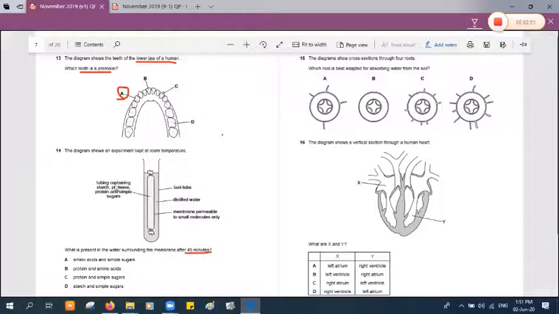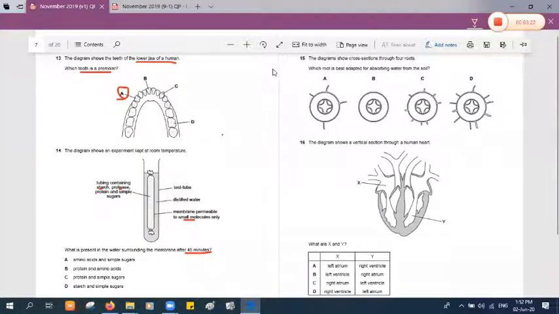This membrane containing starch, containing protease, protein, and simple sugars. Test tube, distilled water, here membrane, permeable to small molecules only, okay. So here the protease enzyme will digest or will break down the proteins into amino acid, okay.